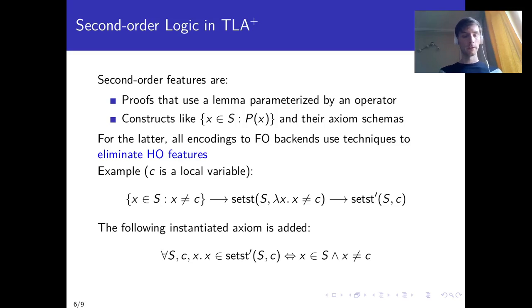So of course these are common constructs, so for the first order encodings we have to handle them in some way, and currently this is done by eliminating those problematic constructs.